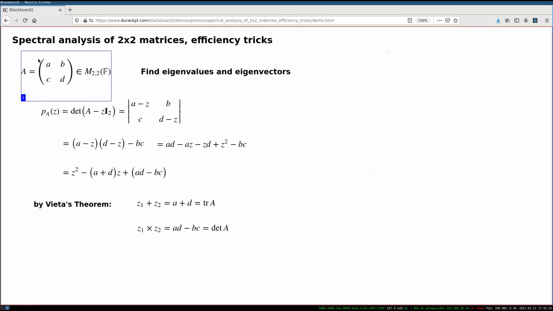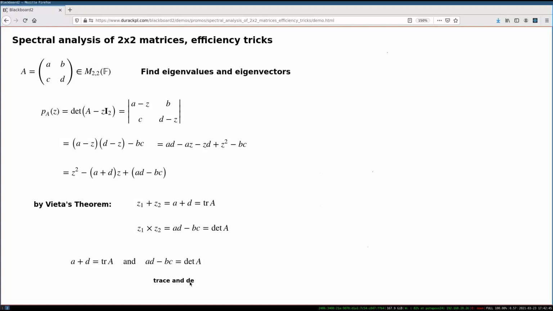By the way, the sum of the elements on the main diagonal has a special name. It's called the trace of that matrix. A plus D is called the trace of the matrix A, and just for completeness, AD take BC is called the determinant.